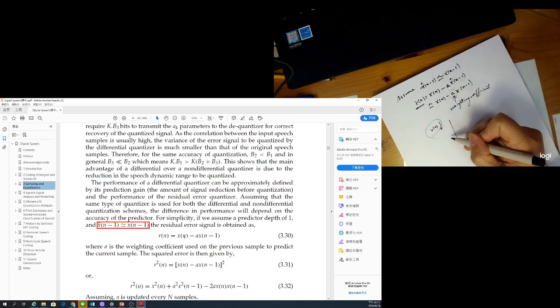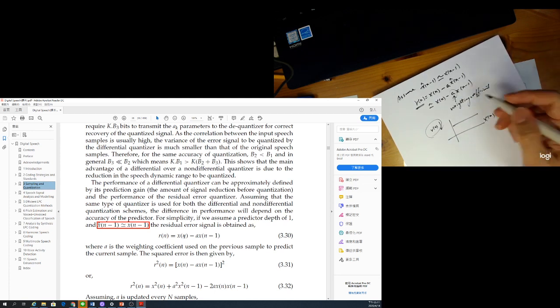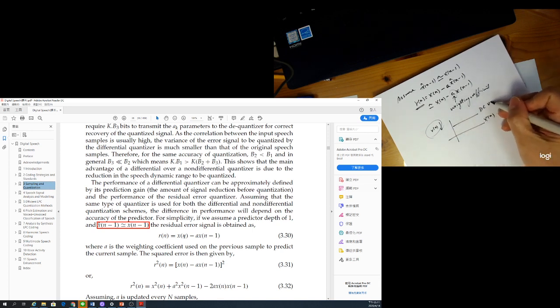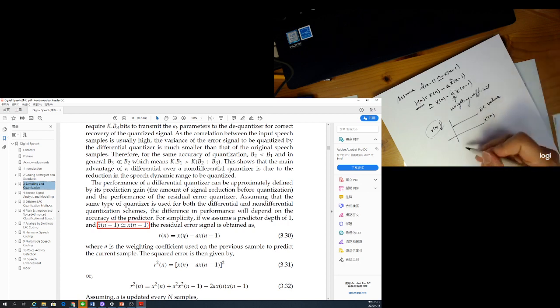If our signal is a DC term, only a DC value, then during the subtraction R of n will become 0.